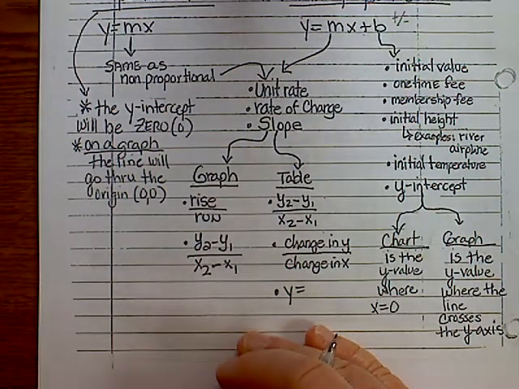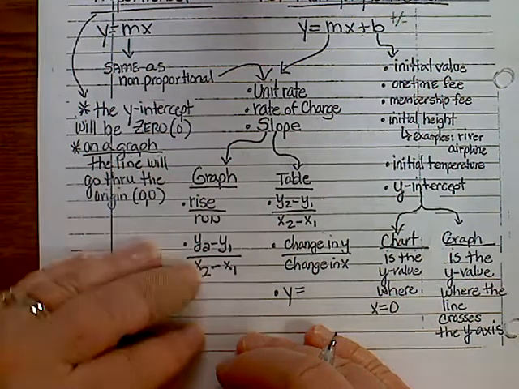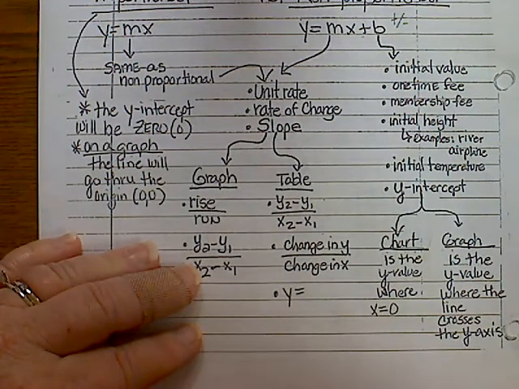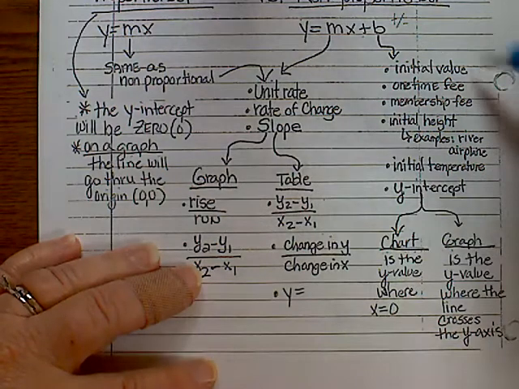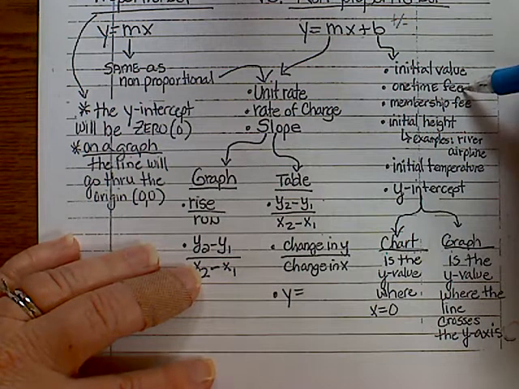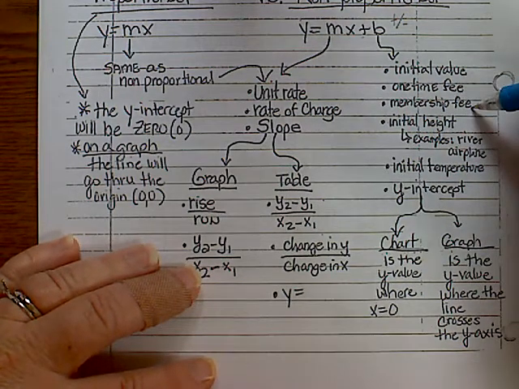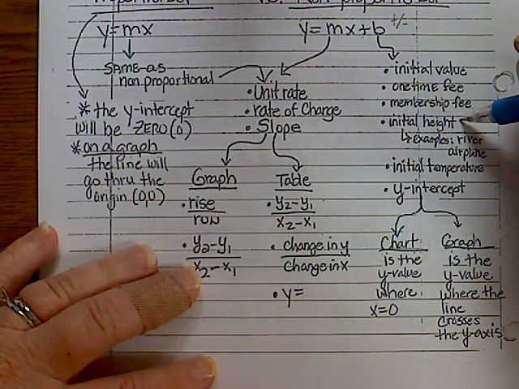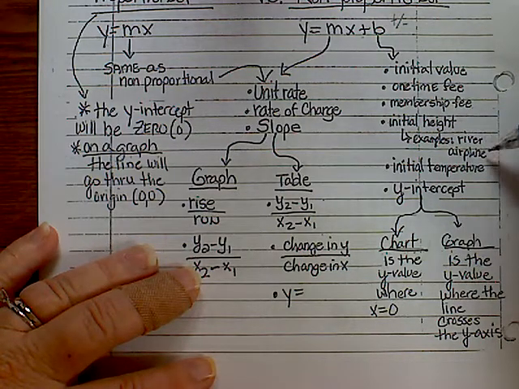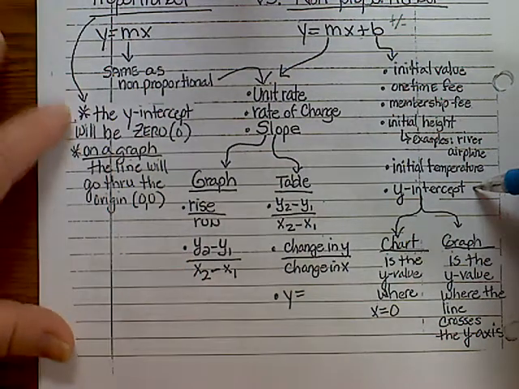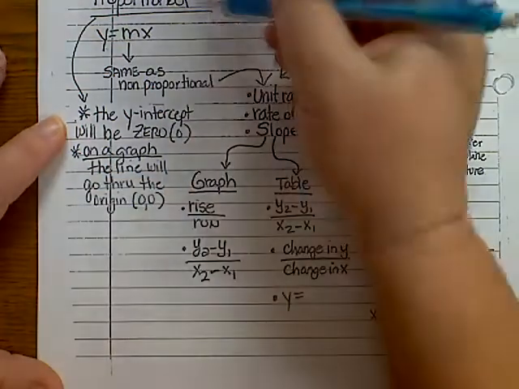So Y-intercept, let's talk about Y-intercept. Y-intercept, regardless if it's a proportional or a non-proportional situation, is the initial value: a one-time fee, a membership fee, an initial height. I used examples like a river or an airplane, an initial temperature. The Y-intercept will be 0 for proportional.